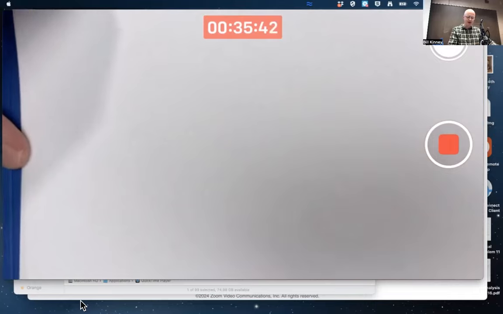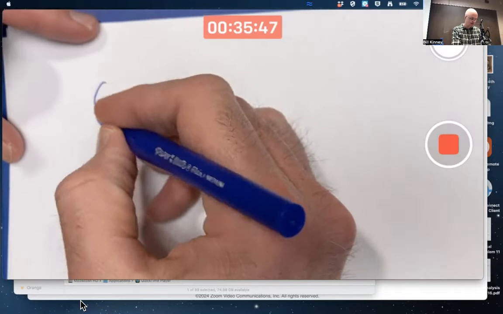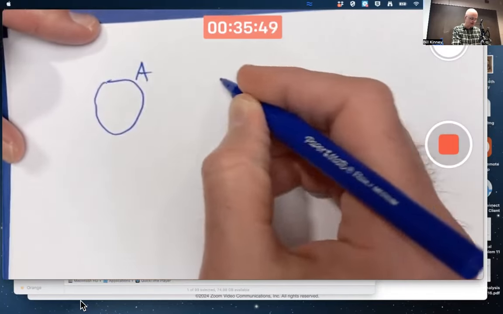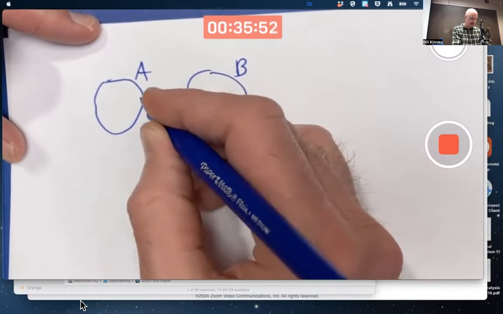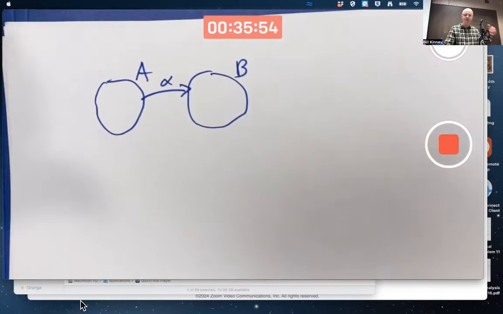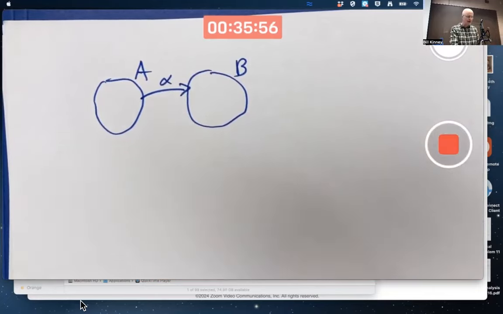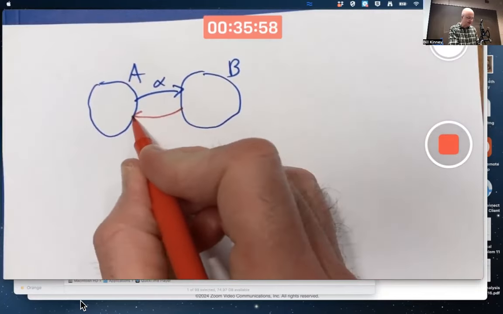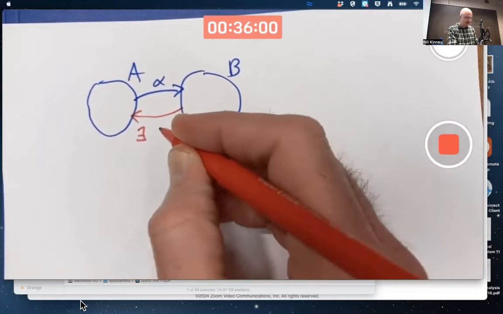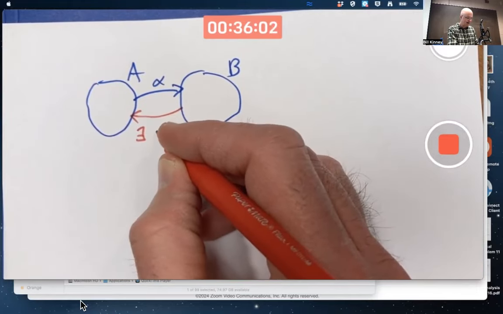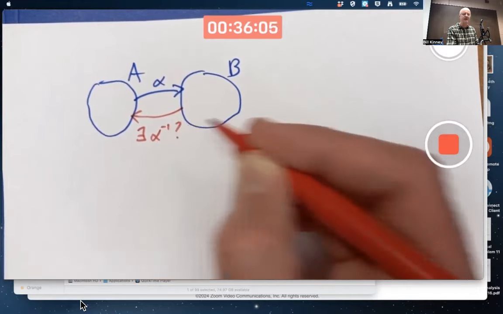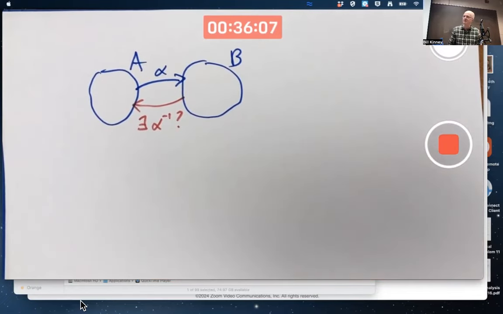Let's think about a picture. There's A, there's B, here's alpha. We're trying to prove the existence of an alpha inverse going back the other way. I'll use a question mark. Does there exist an alpha inverse?